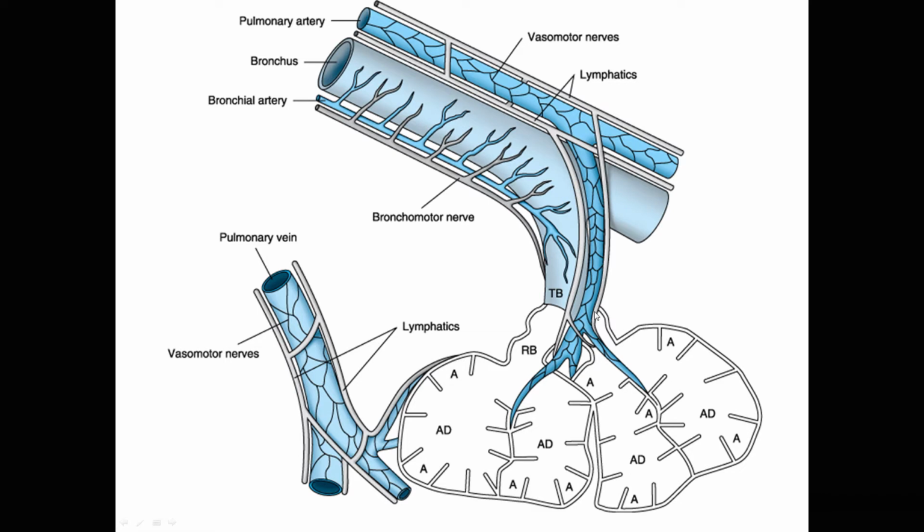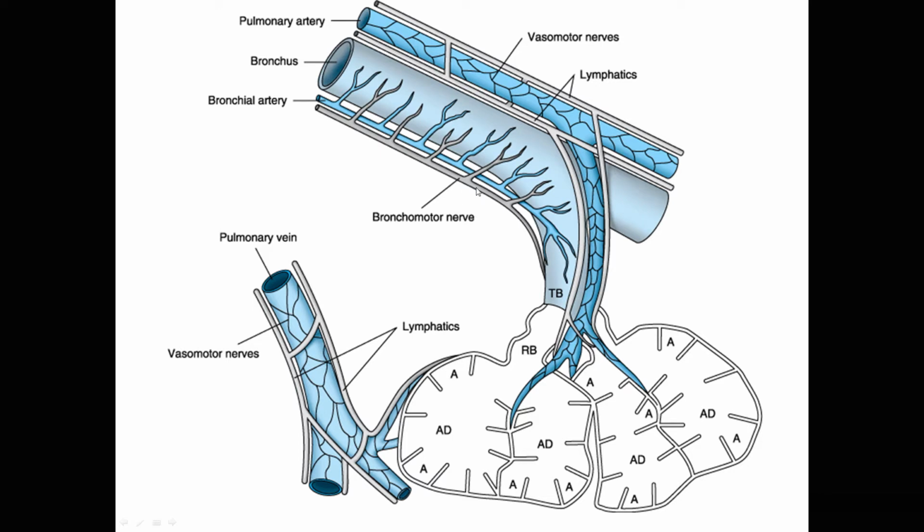This picture illustrates the anatomy of the airway, vascular and lymphatic structures of the lung. The bronchi, ending with alveoli, the pulmonary artery, the functional circulation supplying the alveoli, and the pulmonary vein, and also the bronchial artery, the nutritive, the second set of circulation, are shown.